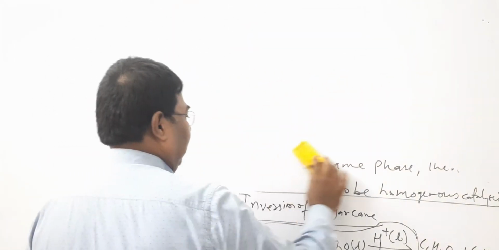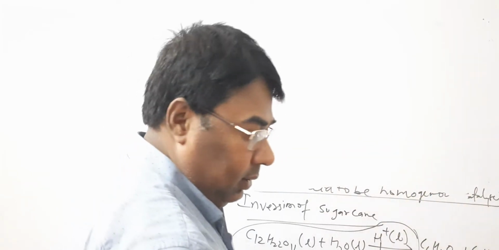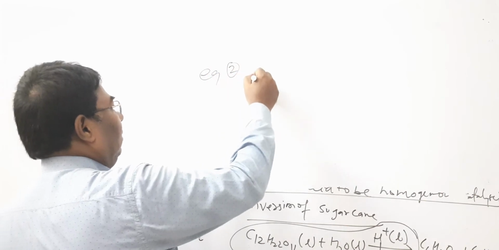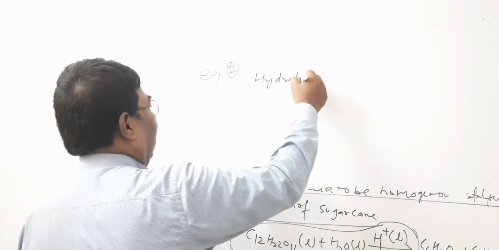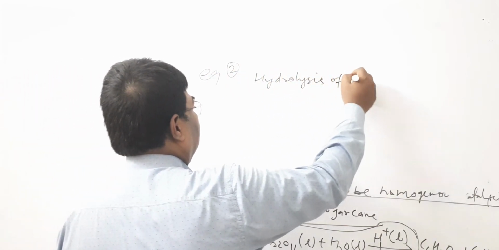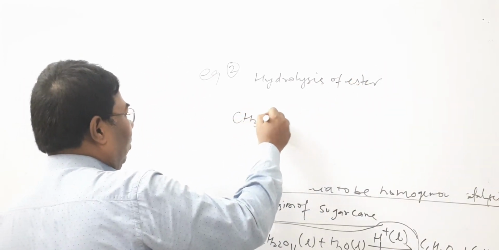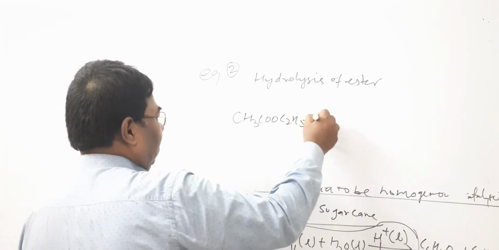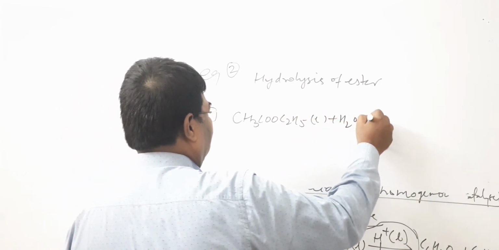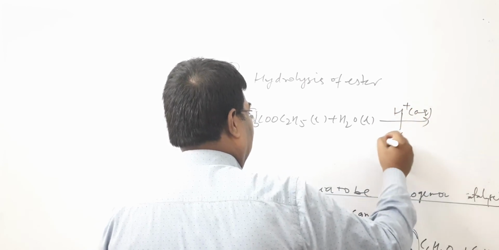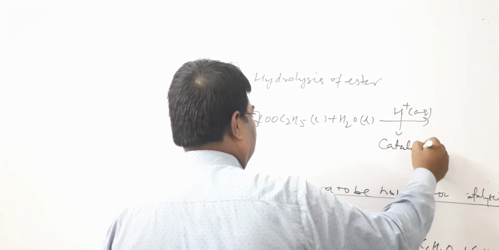Another example, example number 2: hydrolysis of ester. CH3COOC2H5 ester plus water liquid. Here also acid is the catalyst, it serves as the catalyst.